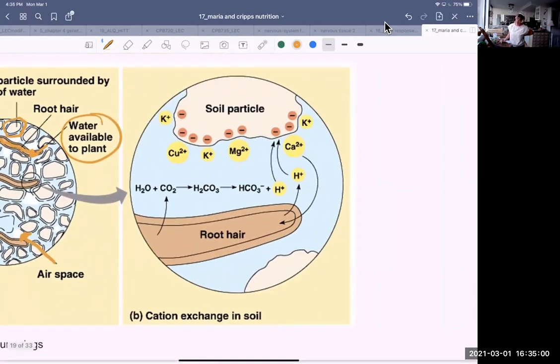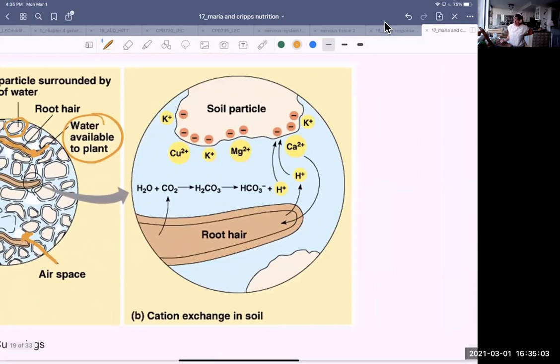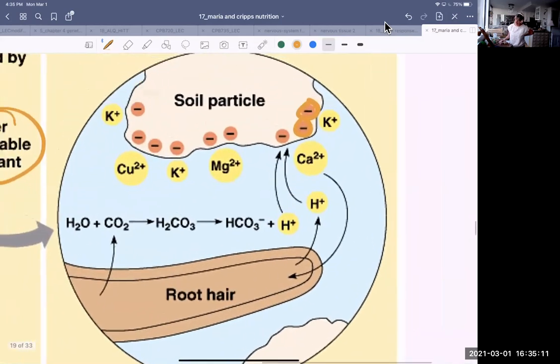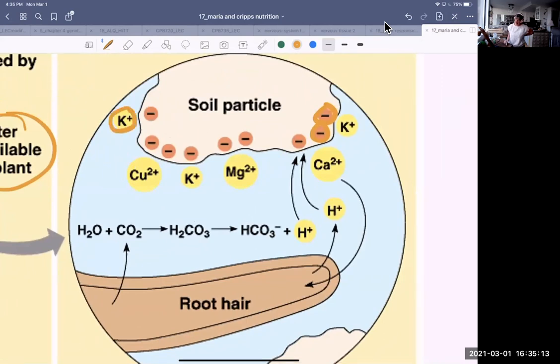Yes. So in this case, we've got something different going on. So our soil particle here is clay, negatively charged clay. And these particles, the potassium, the copper, the magnesium, the calcium, they're all hanging on to the clay. So how is it displaced? Well, when carbon dioxide is released, because the roots are going through cellular respiration just like the rest of the plant, then the carbon dioxide combines with water.